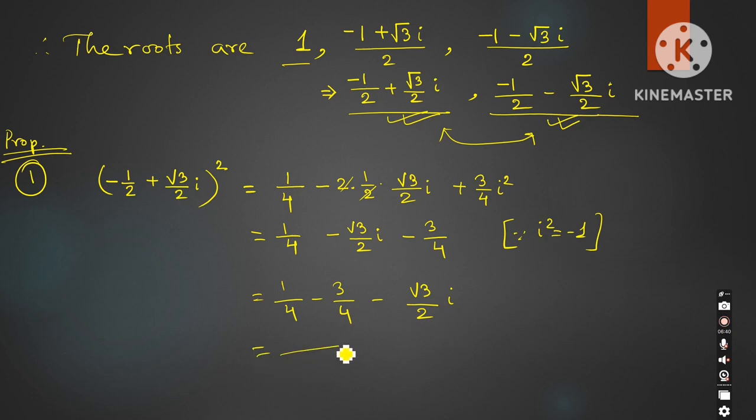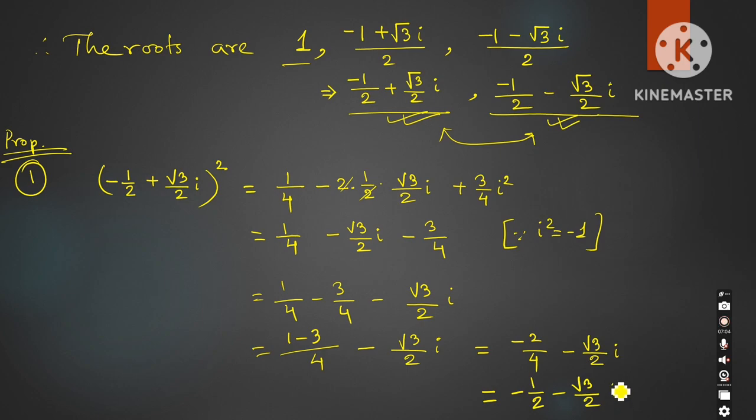We get 4, which is minus 2 by 4 minus root 3 by 2 i, and that is minus half minus root 3 by 2 i. So here the square of one root is equal to another root.